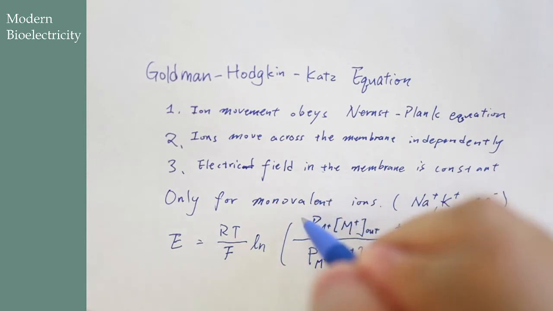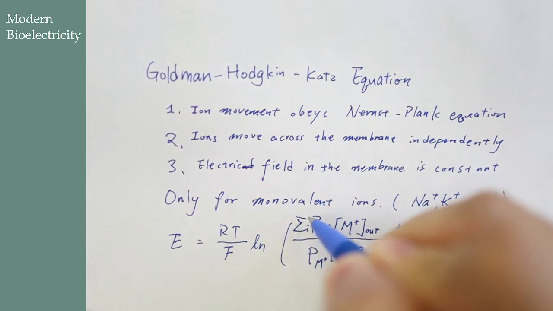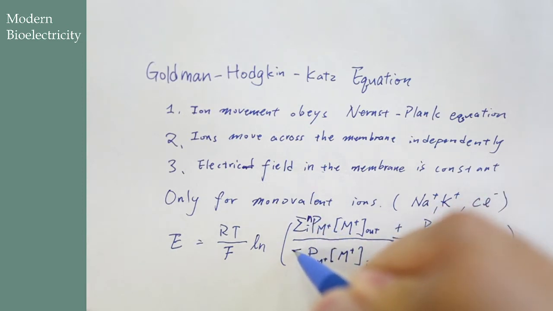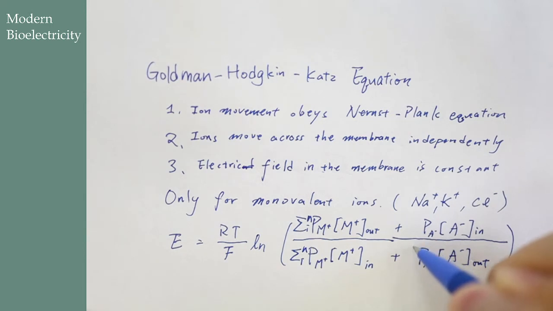And we have to add all the ions from i to n for the positive ions, and from j to n for the negative ions.